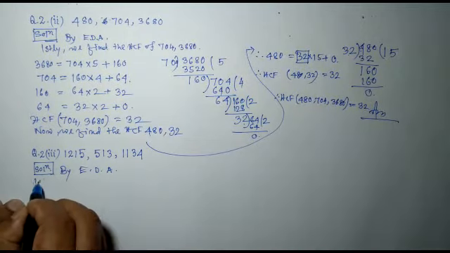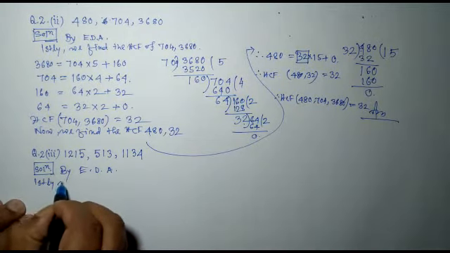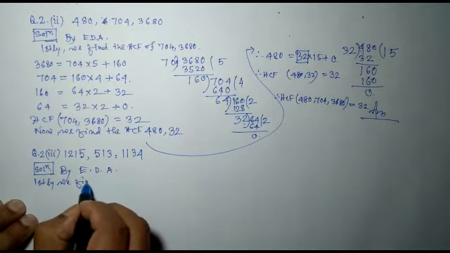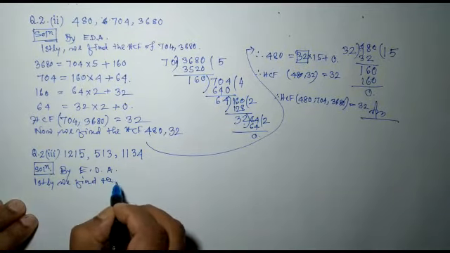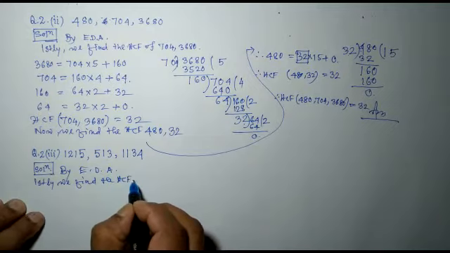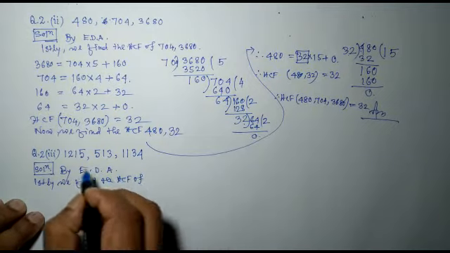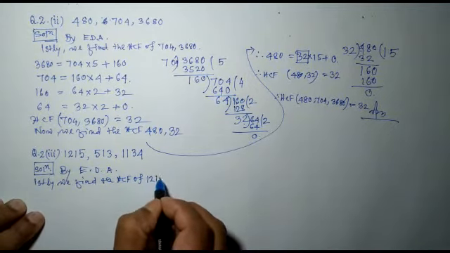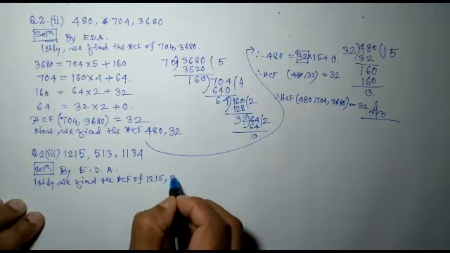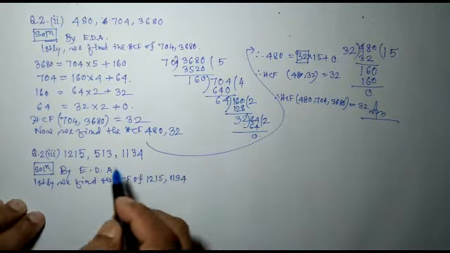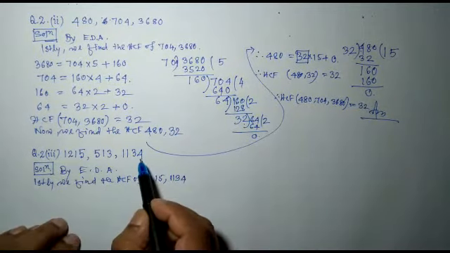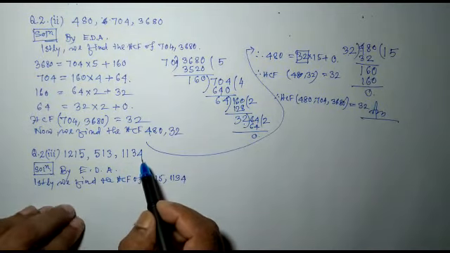So firstly we find the H.C.F of the bigger two numbers 1215 and 1134. Why do we take these bigger two numbers? To minimize the number of steps of division.